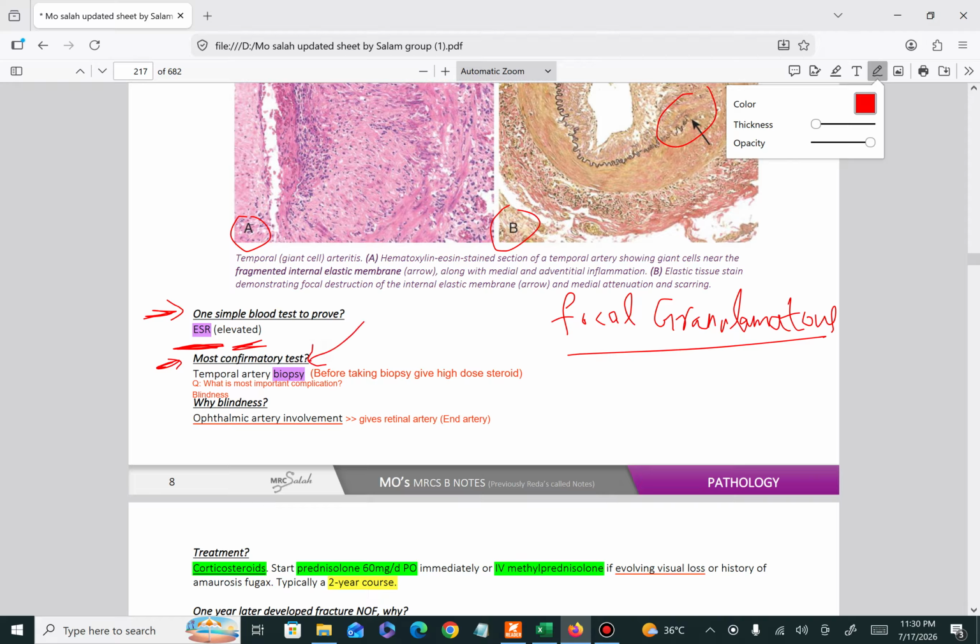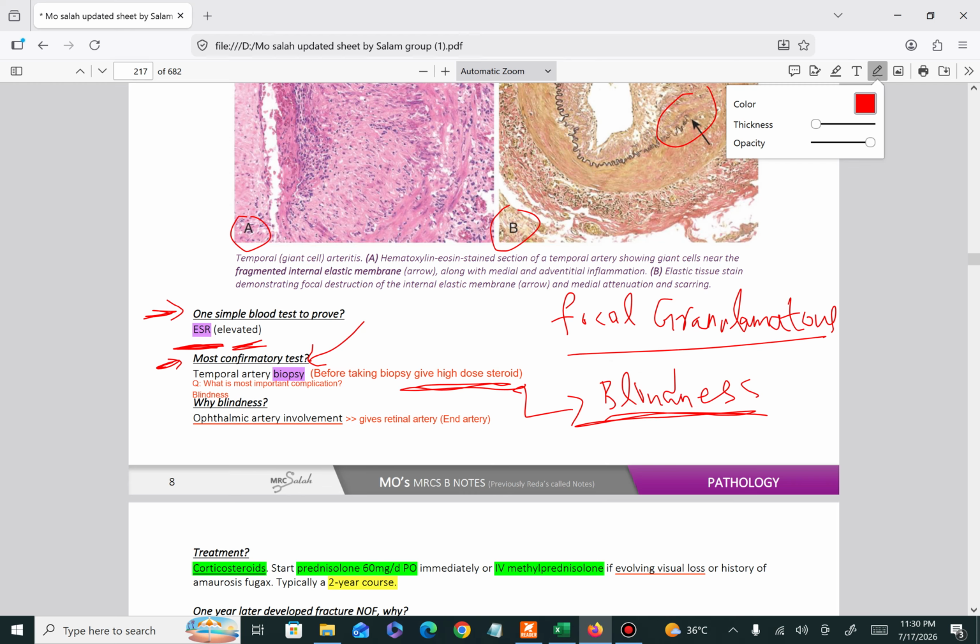Okay, but before biopsy, give a high dose of steroid. Why? Because it can lead to irreversible blindness. Okay, so due to the risk of blindness, we must give a high dose of steroid before temporal artery biopsy.